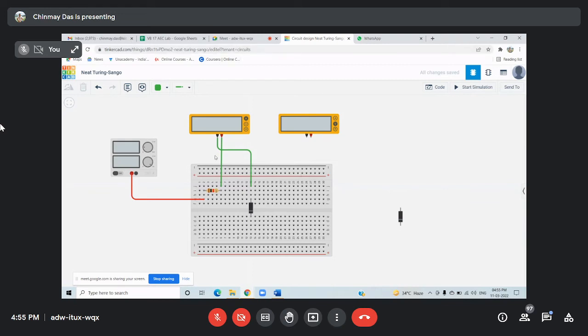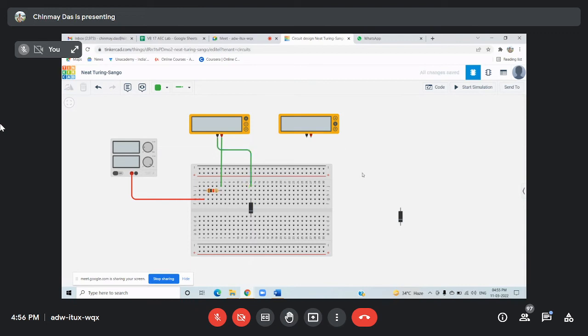Now the negative of the ammeter is connected with the anode of the diode. Cathode is open. If I take the wire over these slots, it won't get connected. To get it connected, you have to put the end of the wire on that slot.